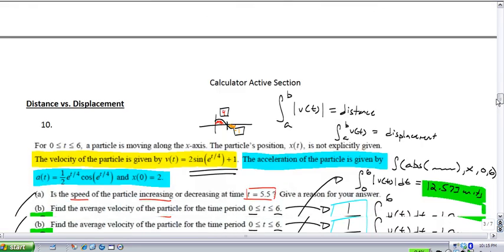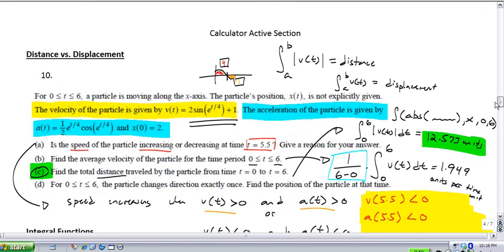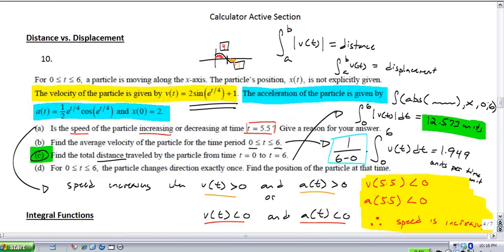Let's see, do they give you the initial position of the particle? Oh, they do. The particle's position, which is the function x sub t, is not explicitly given, but x sub 0 is 2. At time 0, your position is 2.